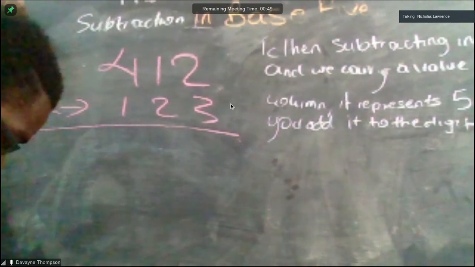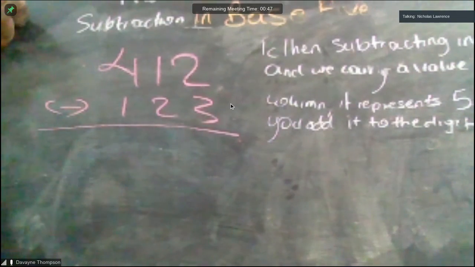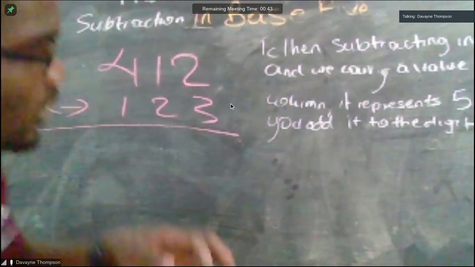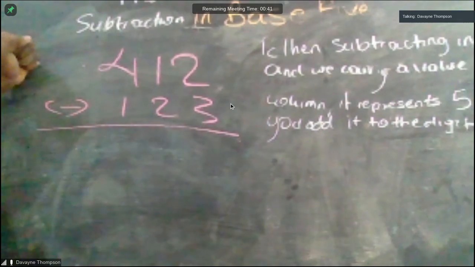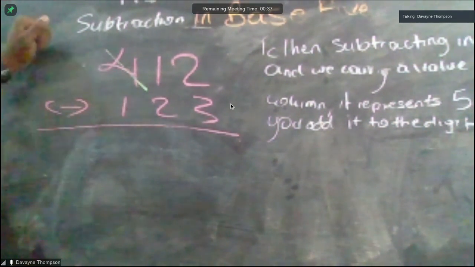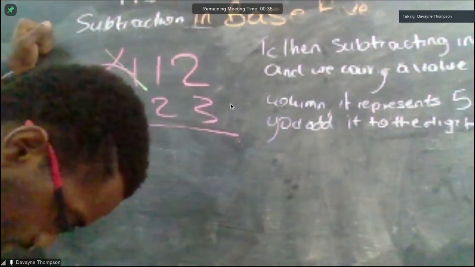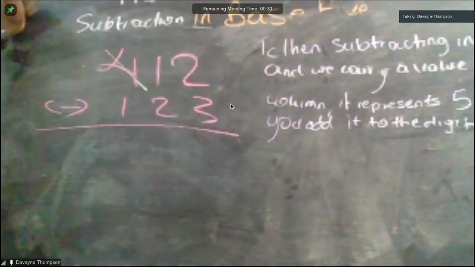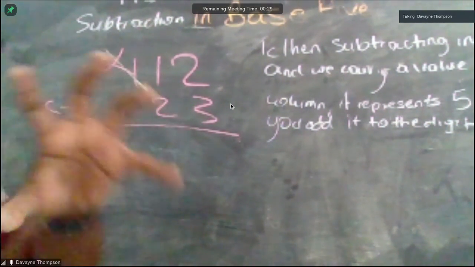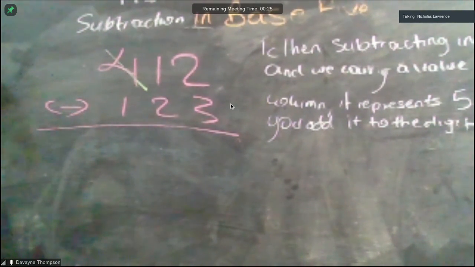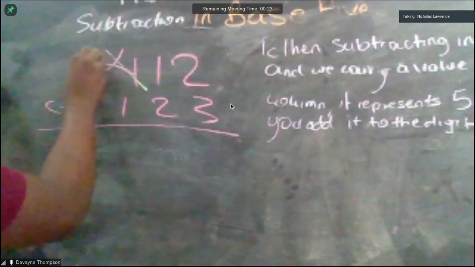You would get it from the number in front of it. Yes. As the rule, you borrow from the leftmost digit. So we're going to borrow 1 from 4. What do we have left if we borrow 1 from 4, Nicholas? What's 4 minus 1? It's 3. Thank you, Nicholas.